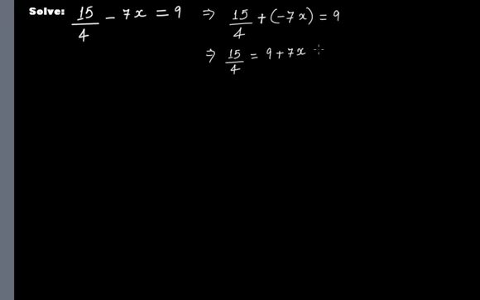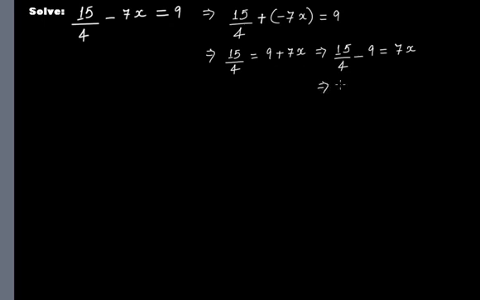Now, if we transpose 9 to the left hand side, this becomes 15 by 4 minus 9 is equal to 7x. Because we want to find the solution of this equation, that means you have to find the value of x. That means either on the left hand side or on the right hand side, you need just the variable x. And we'll perform any operation to reach that point. Okay, so this is 15 by 4 minus 9.